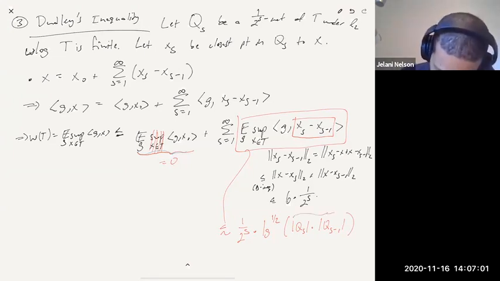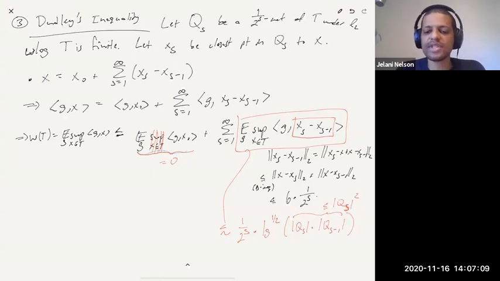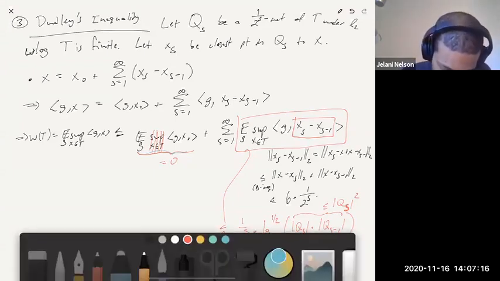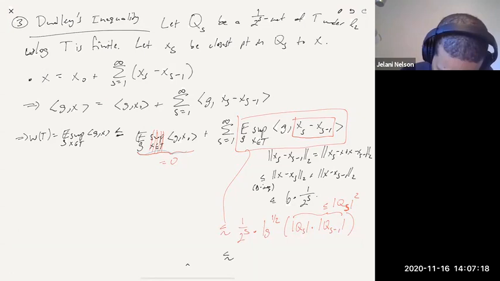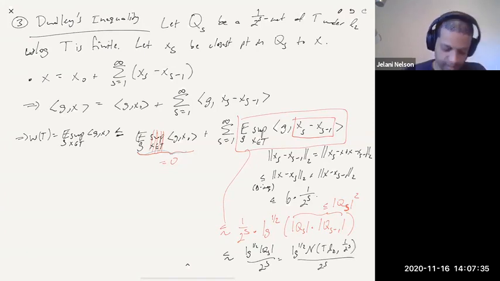So this is at most the size of Qs squared. But log of the square and log without the square are the same up to a factor of 2, so I can pretend the square is not there. So this is at most log to the 1/2 of the covering number of T in L2 at scale 1 over 2 to the s, divided by 2 to the s.